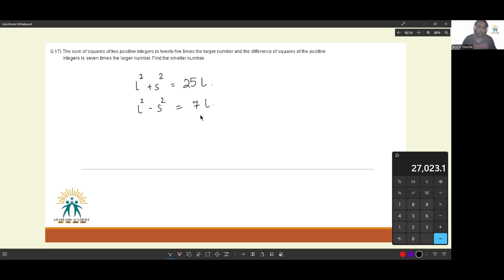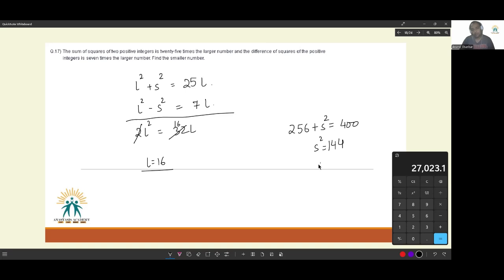Okay, let's add these two equations. We will get how much? 2L square is equal to 32L, or L is equal to 16. So if L is 16, I have 256 plus s square is equal to 400, or s square is 144, or s is 12. The smaller number in this instance is 12.